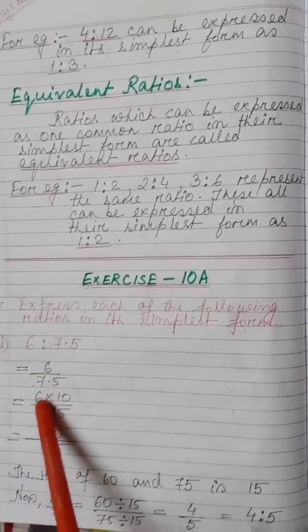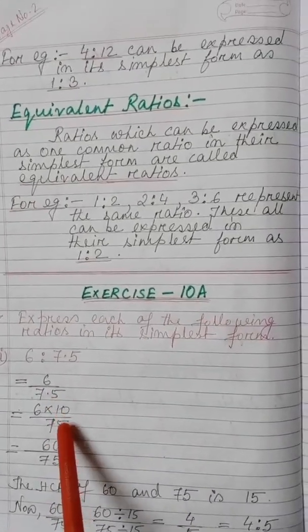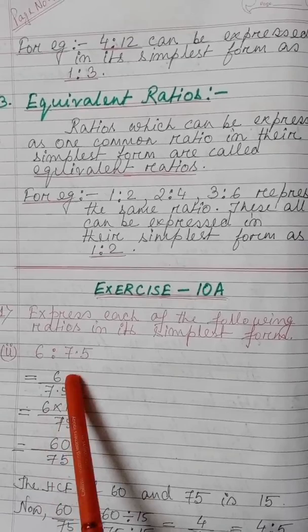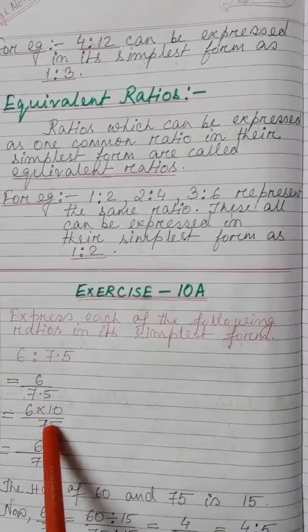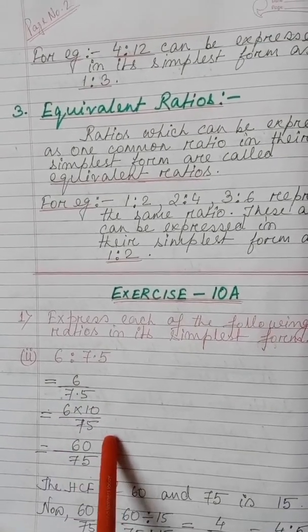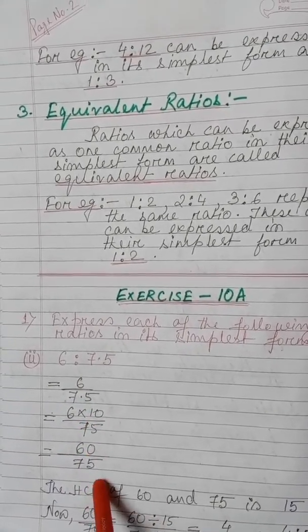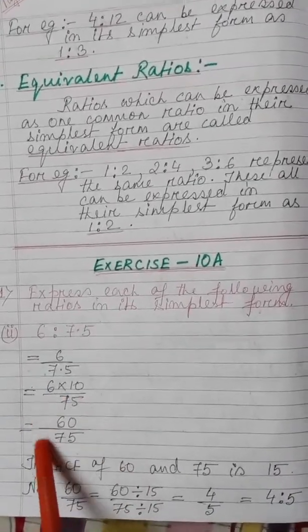Now we have to remove the decimal point. How? Multiply the numerator and denominator by 10. 6 into 10 divided by 75, that is 60/75.